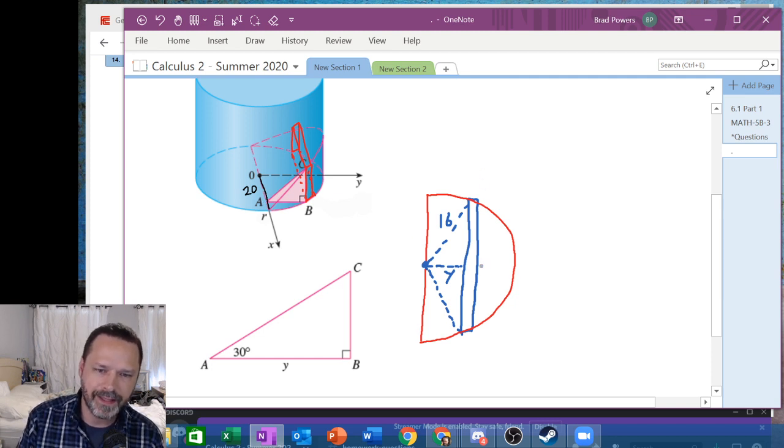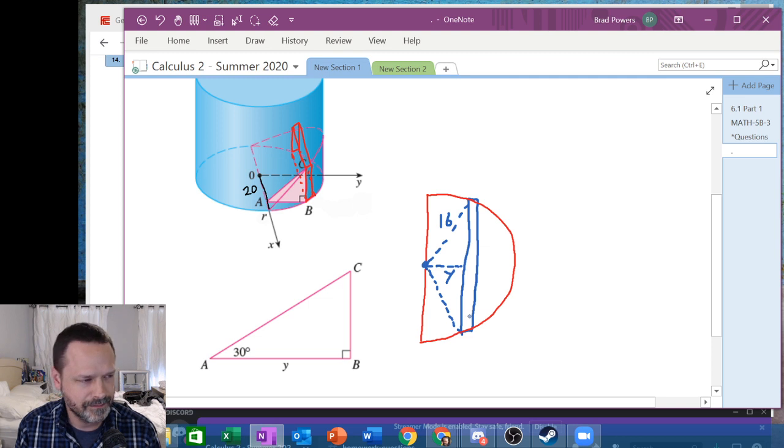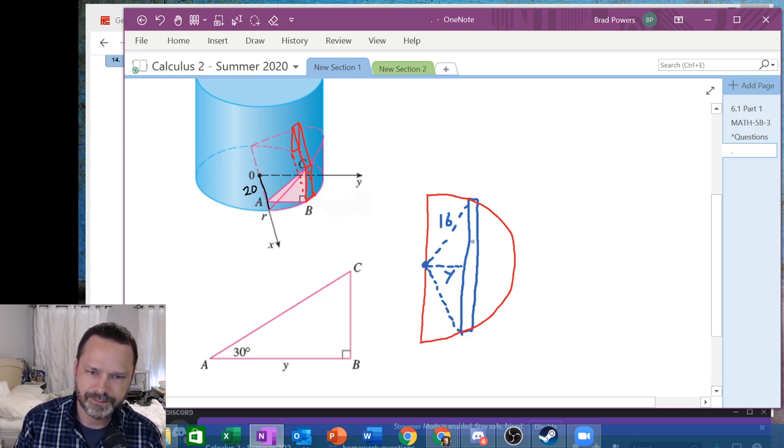So do I know the length of this rectangle? Yes, I do. Because if I take a look at just one of these, that's a right triangle right here. I get 16, I get y, and so this must be the square root.